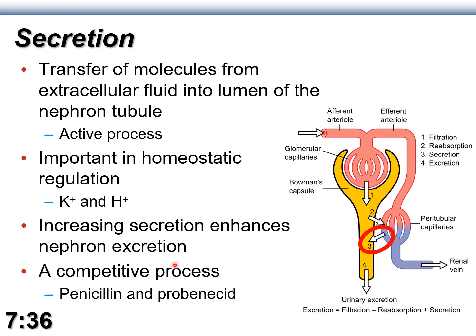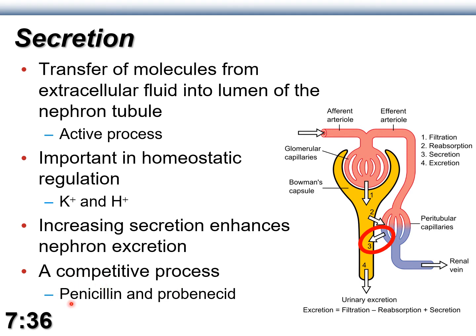Lastly, because it is an enzymatic process, we can inhibit that process with certain molecules, and that can lead to things like drug toxicities, or it can lead to enhanced activity of a drug, like for instance probenecid.